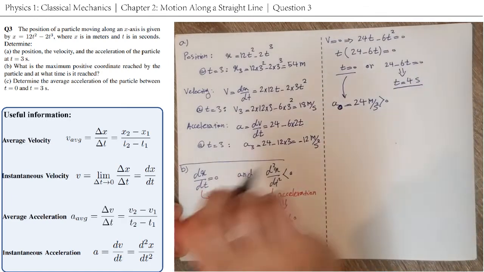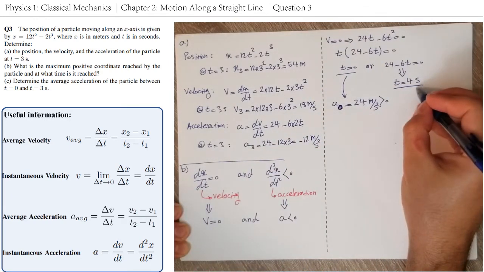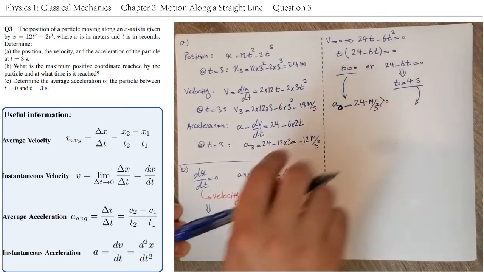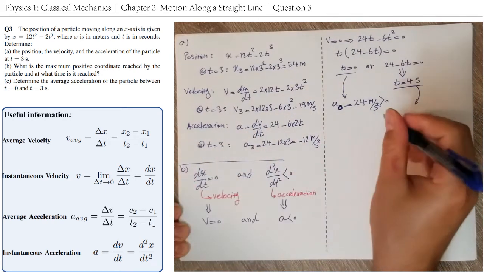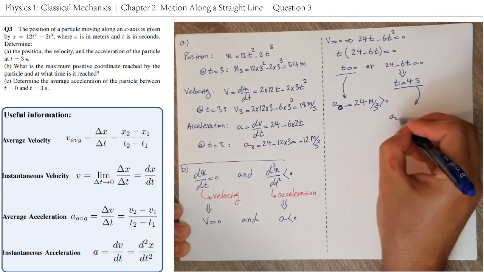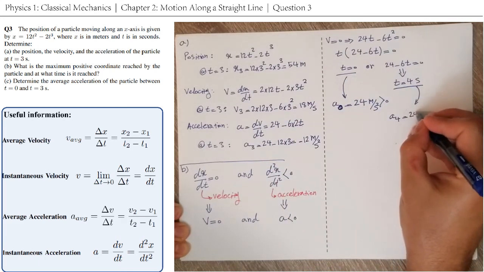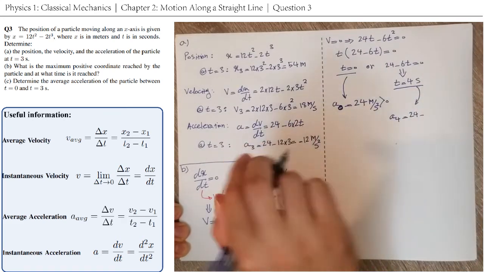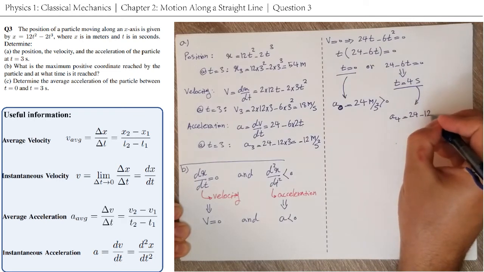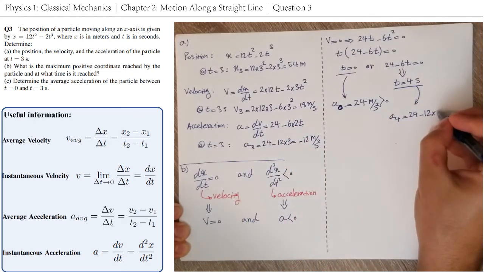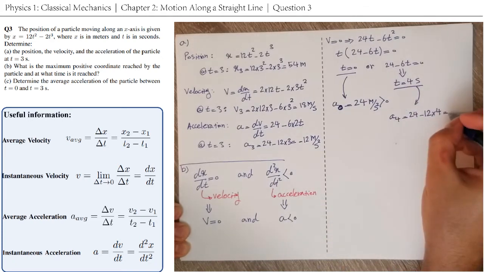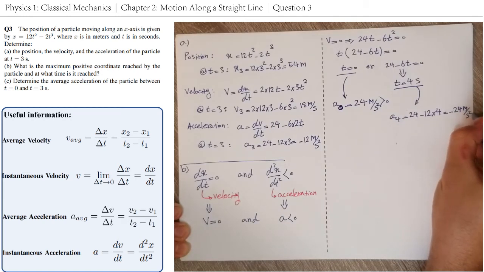Now let's look at t equals 4. At t equals 4, the acceleration, if I plug it into my acceleration equation, a4 would be equal to 24 minus 2 times 6, which is 12, and then t equals 4, so times 4, which is going to be equal to negative 24 meters per square second. There we go.